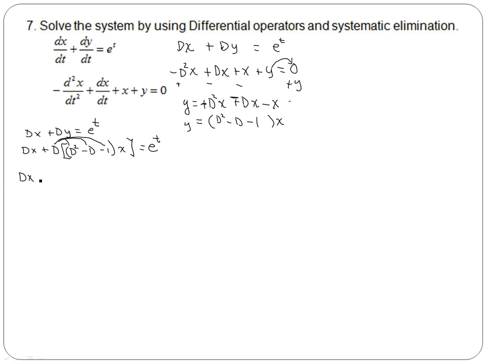So I get Dx plus D to the third minus D squared minus D, all applied to x, equals e to the t. And we could work this almost as if it were a polynomial, and we could add these like terms. Dx and negative Dx cancel each other out, so that I'm left with D to the third minus D squared applied to x equals e to the t.